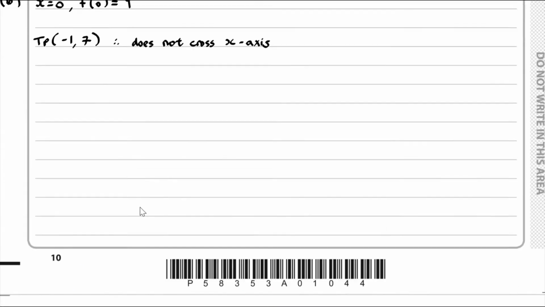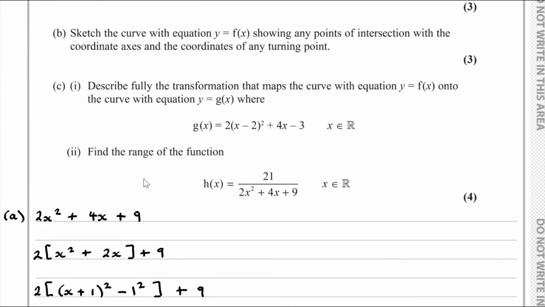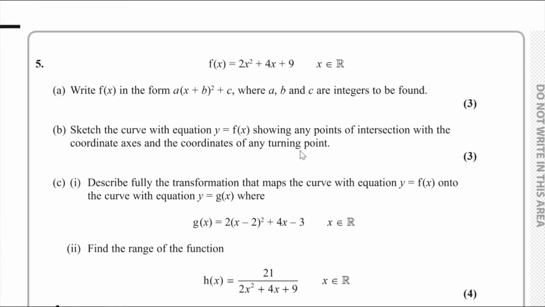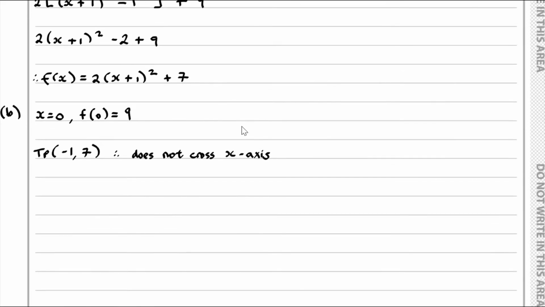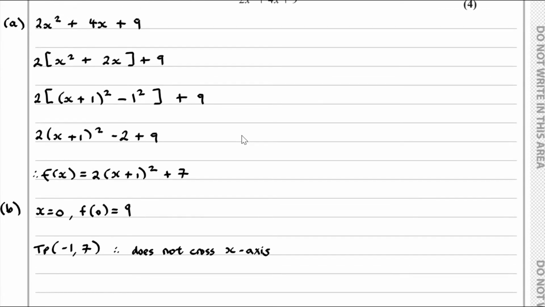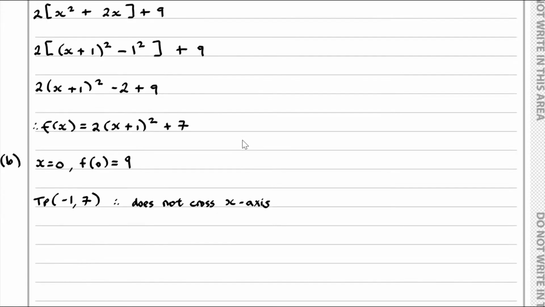Now for the next part, slightly more tricky, we have to find the range of the function h(x) equals 21 over 2x squared plus 4x plus 9. Now this 2x squared plus 4x plus 9 is what we had over here, that's f(x). And f(x) in complete the square form, that was 2 lots of (x + 1) all squared plus 7.